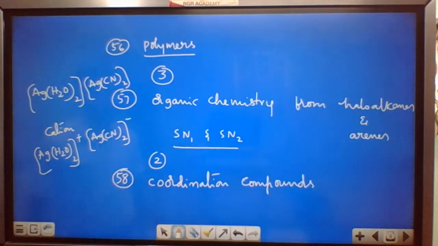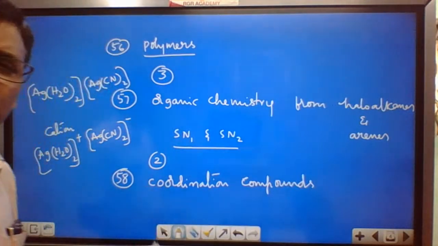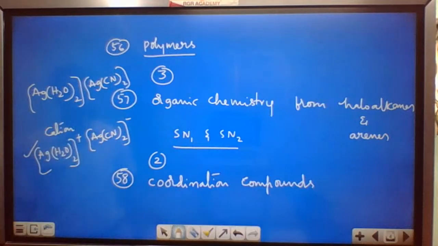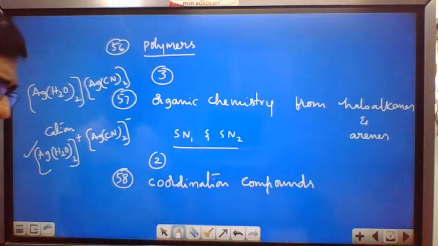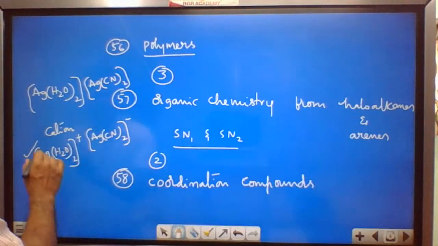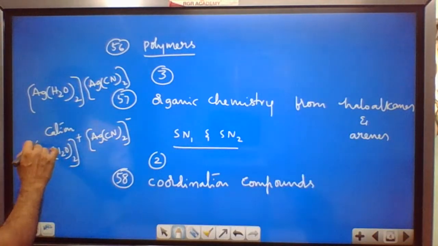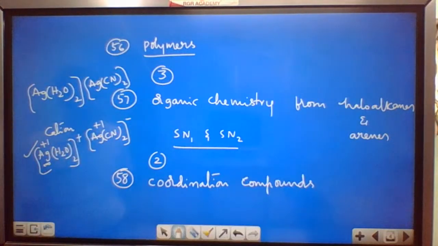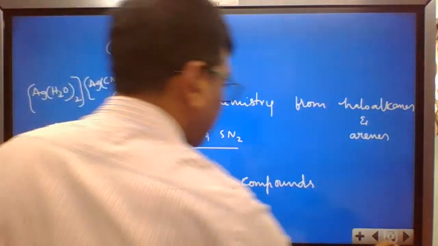While naming the compound, whether it is a simple or a complex compound, we should name the cation first, followed by the anion, like sodium chloride, magnesium bromide. In the same way, we should name it. You see that the oxidation state of silver here is +1. Here also it is +1. That is very important. You have to identify that. What will be the answer?